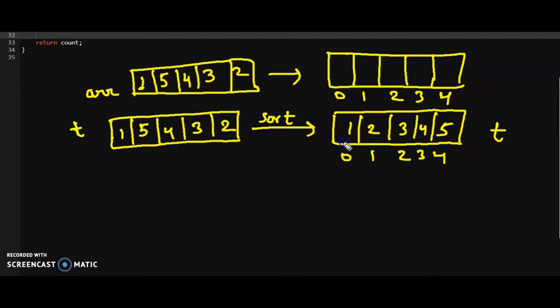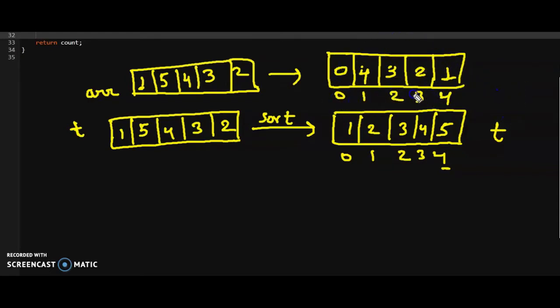Like 0 is the index for 1, so that is the lower bound. For 5, the lower bound of 5 is 4, right? At the 4th position we have to put 5, so the lower bound is 4. And similarly for 4, the lower bound is 3, and for 3 the lower bound is 2, and for 2 the lower bound is 1. This is how we have updated this array.